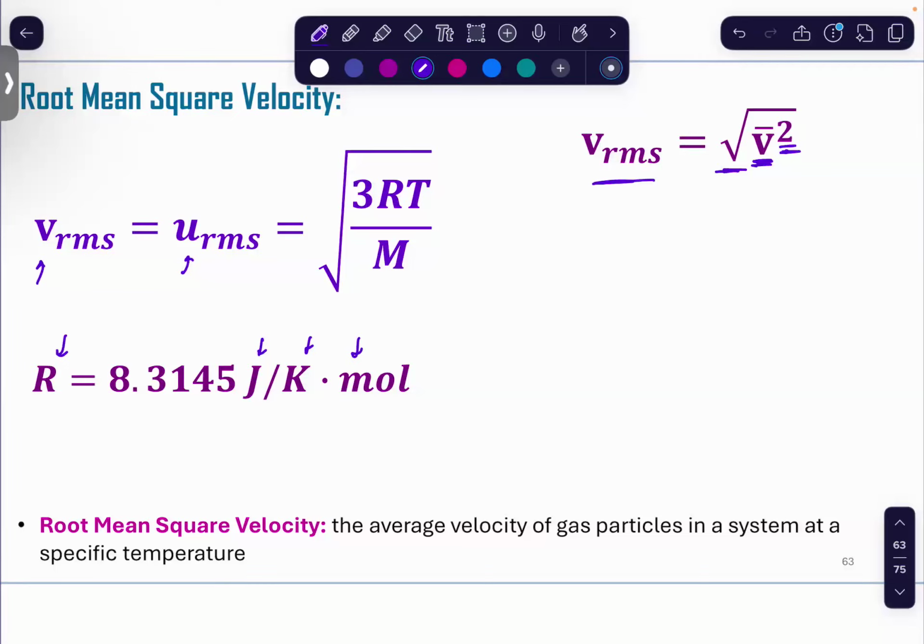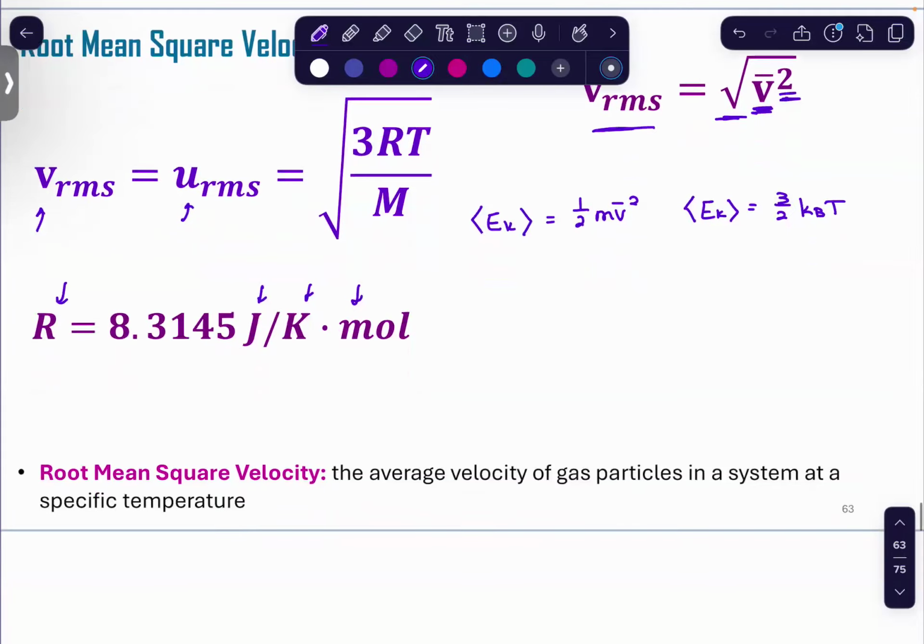So then the question is, well, we've been looking at some stuff. How would we get here? Okay, well, we know one expression for kinetic energy is 1/2 mv squared. Another expression, as we talked about, is 3/2 kBT.